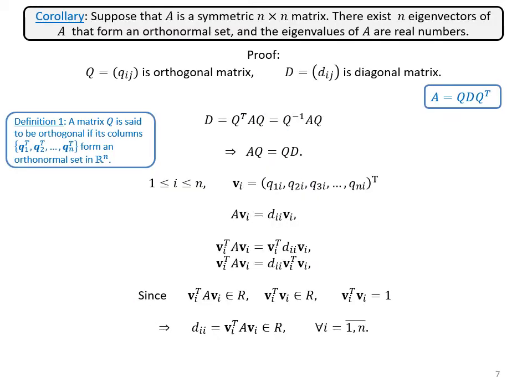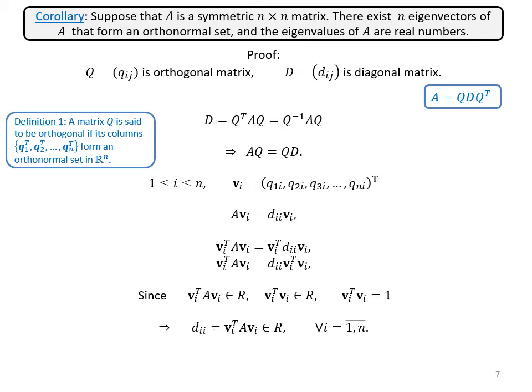Let me formulate one more corollary. Suppose that A is a symmetric n by n matrix, and there exist n eigenvectors of matrix A that form an orthonormal set, and the eigenvalues of matrix A are real numbers. Let's prove this theorem.